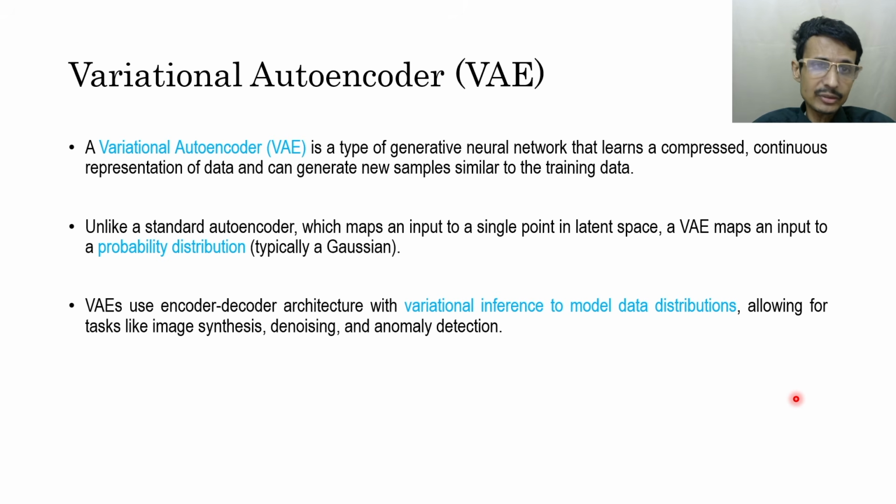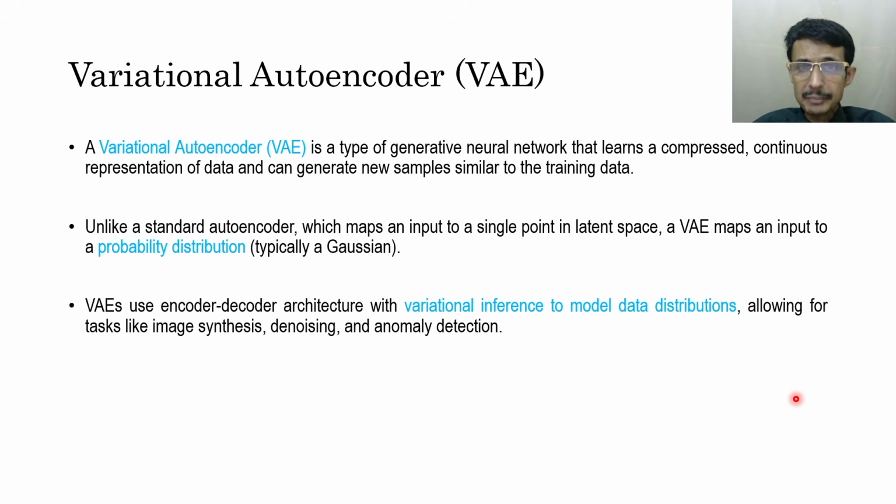But unlike a standard autoencoder, which in general maps an input to a single point in the latent space, it compresses the input to a latent space where it has a set of points.